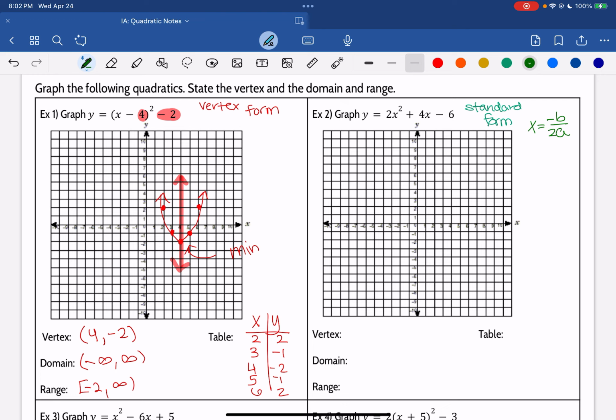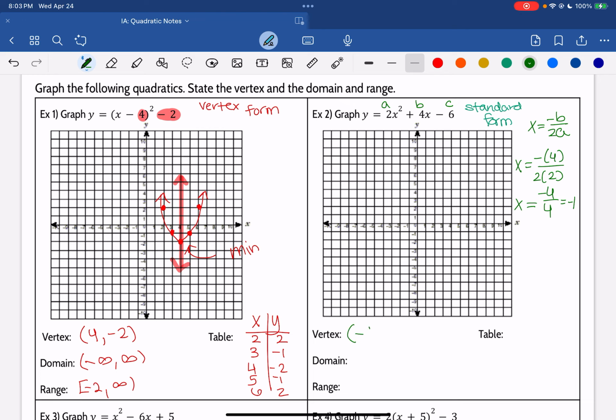So remember, it goes a, b, c. So it's x equals negative 4 over 2 times 2. So x is negative 4 over 4, which is negative 1.